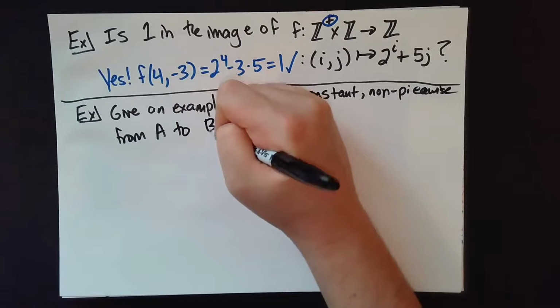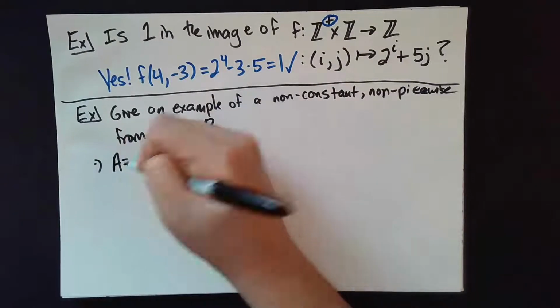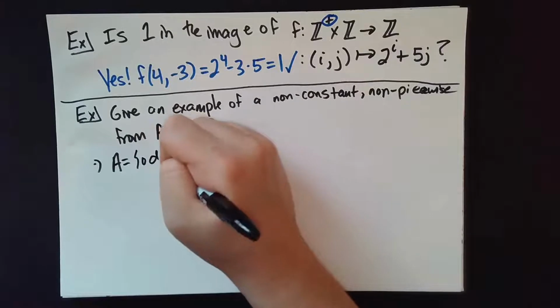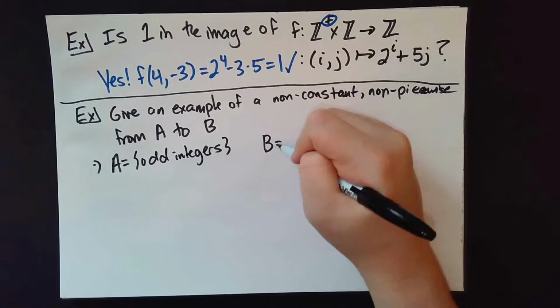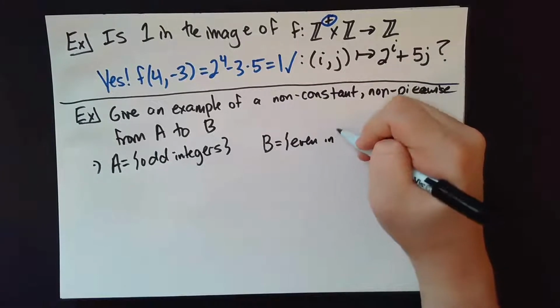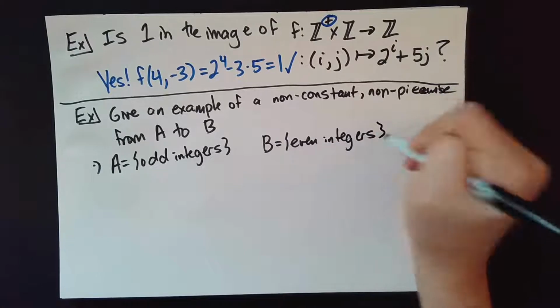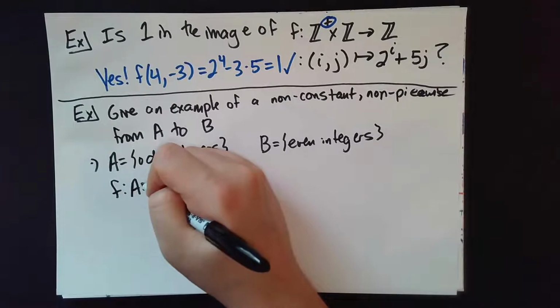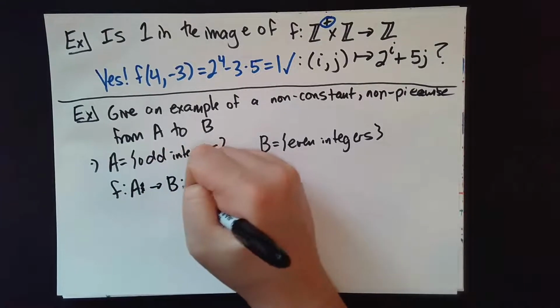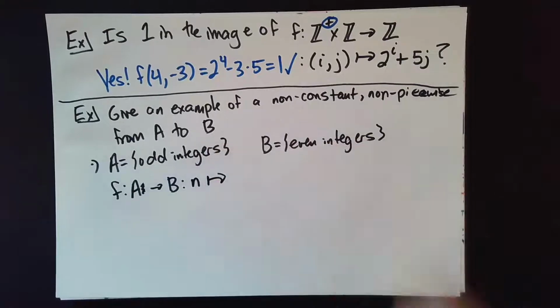For this. Okay, so let's let A here be the set of odd integers. And let's let B be the set of even integers. So I want to write down a function from A to B, taking N to... and so does anyone have a proposal of where I could take an odd integer to give me a function from the odd integers to the even integers?